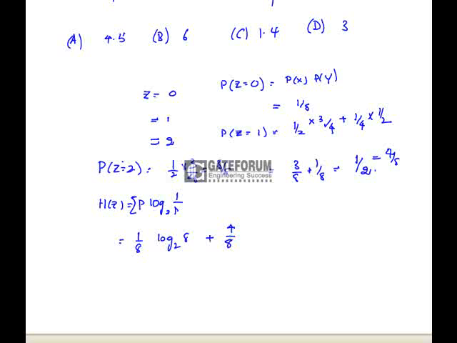So this is 4 by 8 log base 2 of 2, plus 3 by 8 log base 2 of 8 by 3, which is equal to 1.4 bits per symbol. So option C is correct.